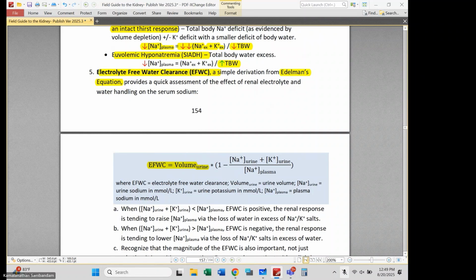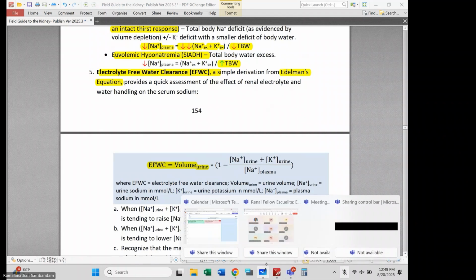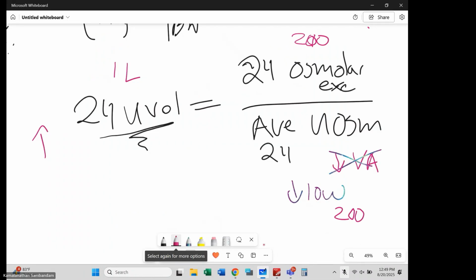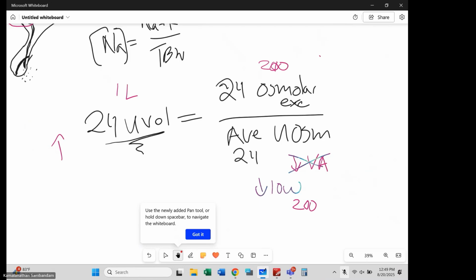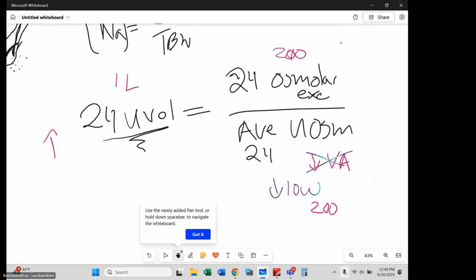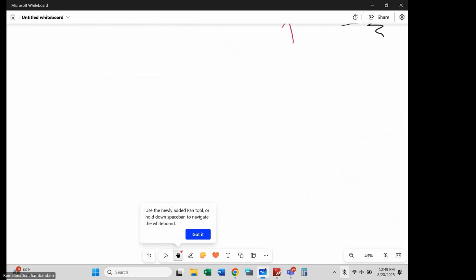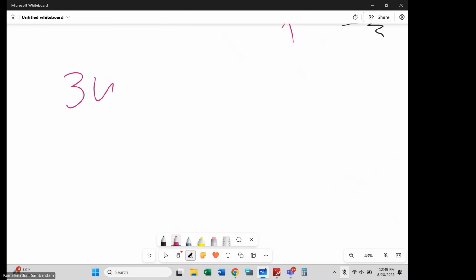It's saying your urine can be broken into two different components. Your urine can be broken into, this 3 liters that you're making of urine. Here, 3 liters of urine consists of isotonic urine, right?